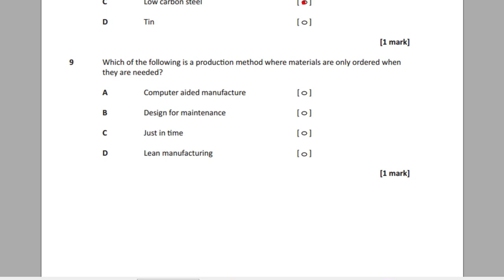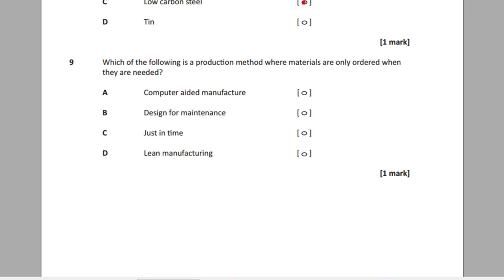And inventory refers to orders brought in. So let's say a car manufacturer is making cars, it wouldn't hold lots of the car parts in stock. There would be a computer system which controls the ordering of these car parts, and they will come just in time for the car to be assembled and manufactured.